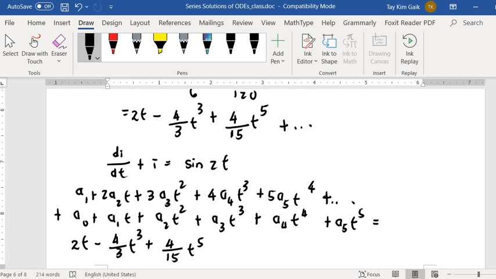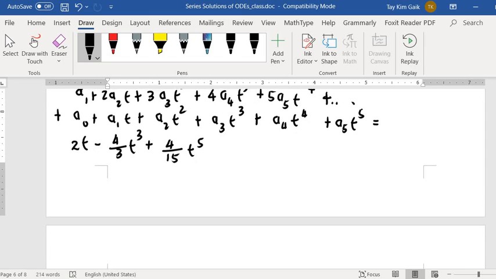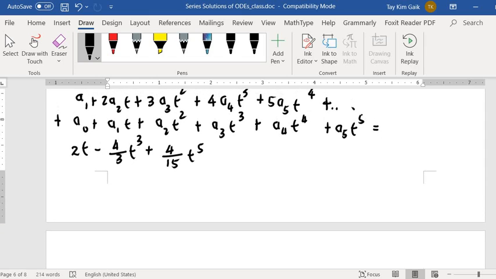Now comparing the same power of term, start from t power 0. Okay, you have a1 plus a0.